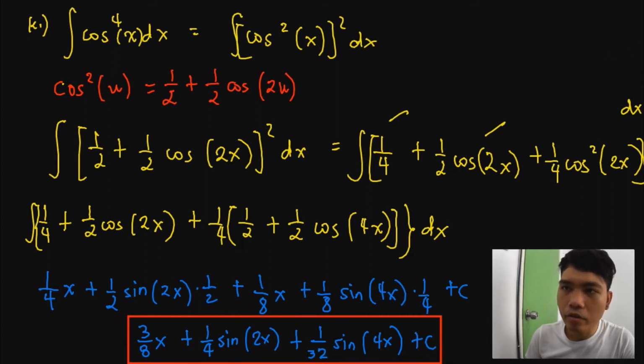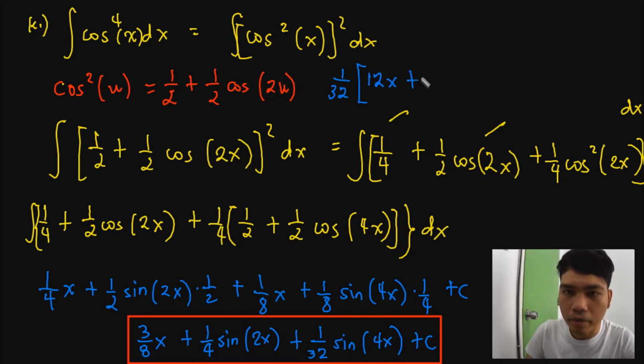Now, you can also factor out 1 over yung ating LCM dito. So in this case, that would be 1 over 32. So if you want to factor out 1 over 32, this becomes yung 3 over 8 natin. So let's try dividing that by 1 over 32. So that becomes 12x.